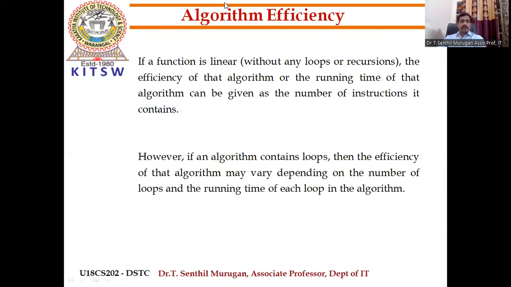Algorithm efficiency. If a function is linear, we already said that we have to consider the function f of n, and based on this we evaluate the complexity. If f of n is linear, there are no loops and no recursions. Then whatever the number of instructions is, that many seconds or nanoseconds will be taken.